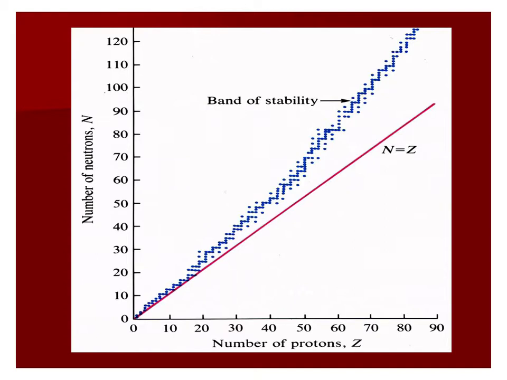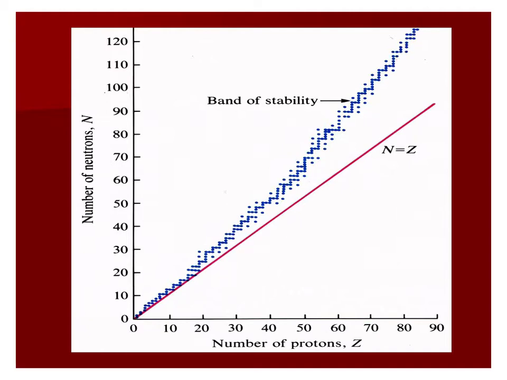As you go further into the periodic table, you can see that the band of stability, in other words where the atoms are stable, is biased to the neutron side in the ratio of neutrons to protons.